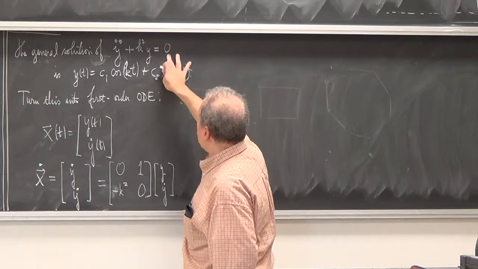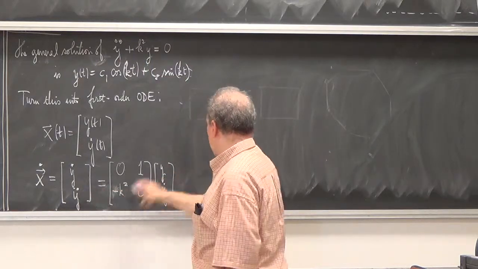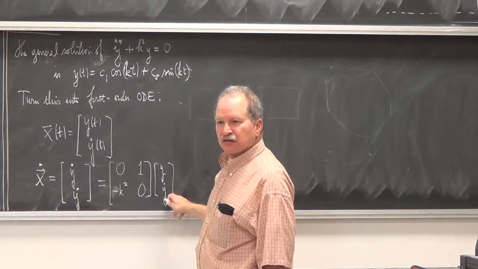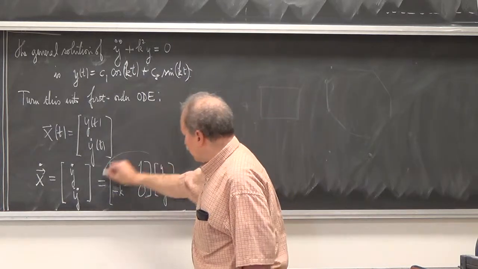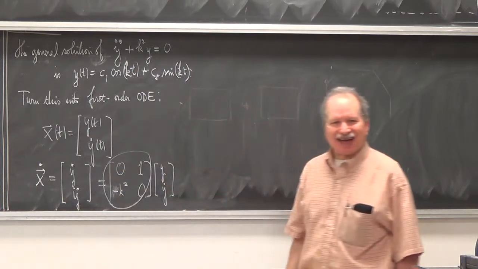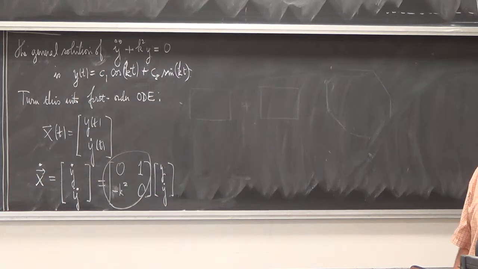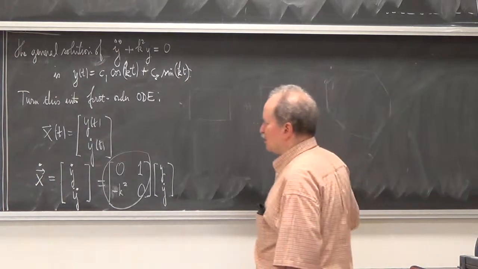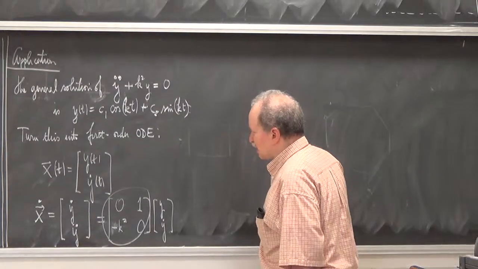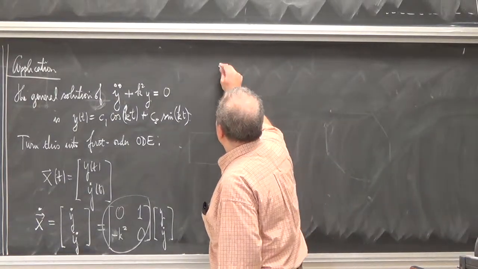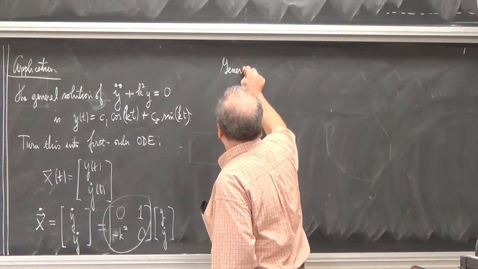Y double dot is minus k squared y plus no y dots. So all we have to do is figure out how to exponentiate that matrix. And I'm not going to take the time to go through it all because I have other things to do. I'll leave the general case to the reader.